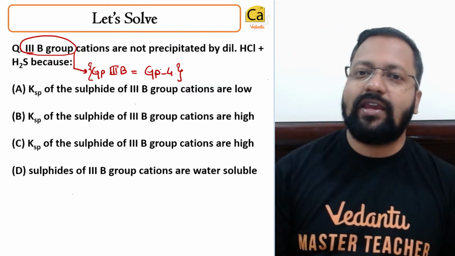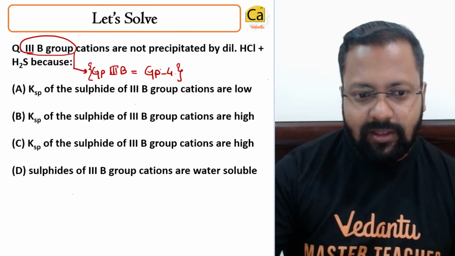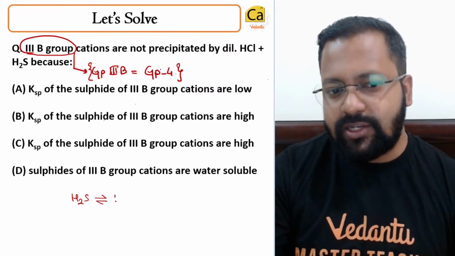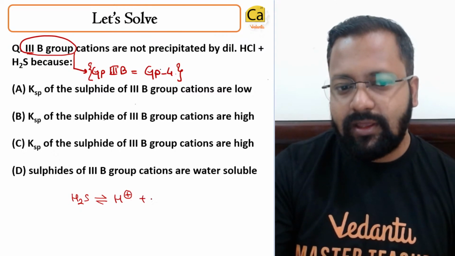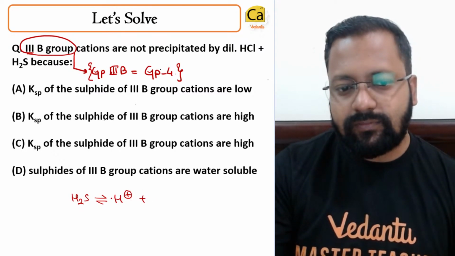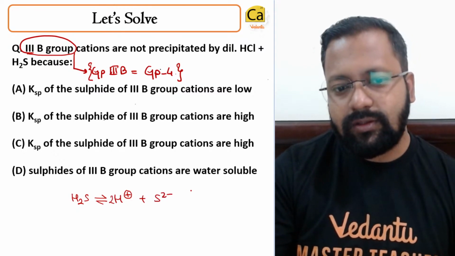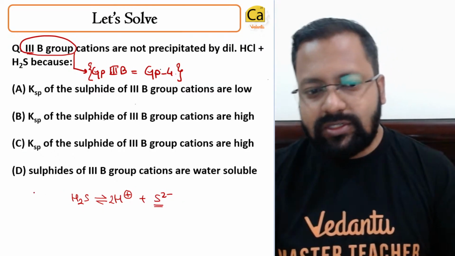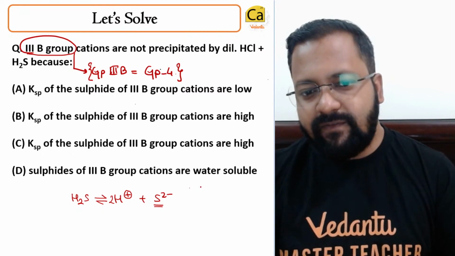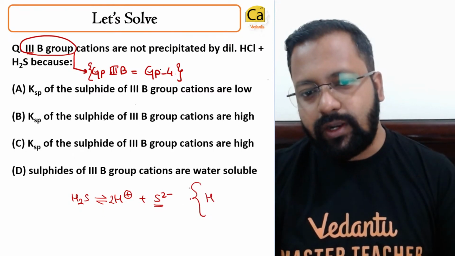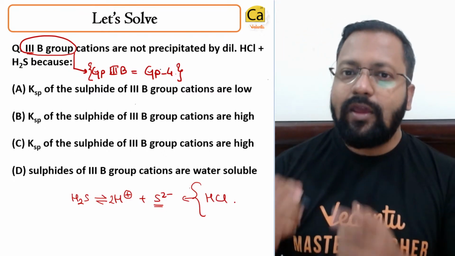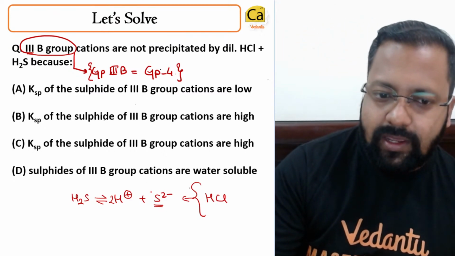अब dilute HCl and H2S डाल के हम करते क्या है? So H2S dissociates to a very small extent and it produces this sulphide ion. So since this is a weak electrolyte, if you add HCl to it, then what will happen?